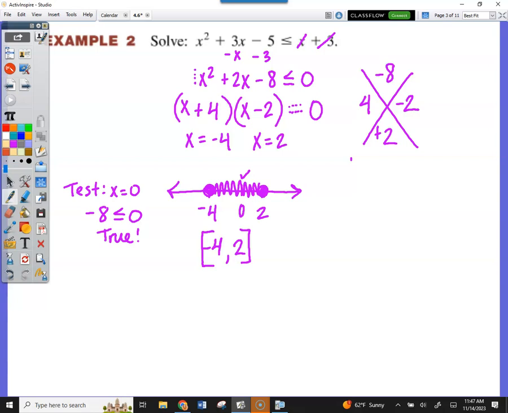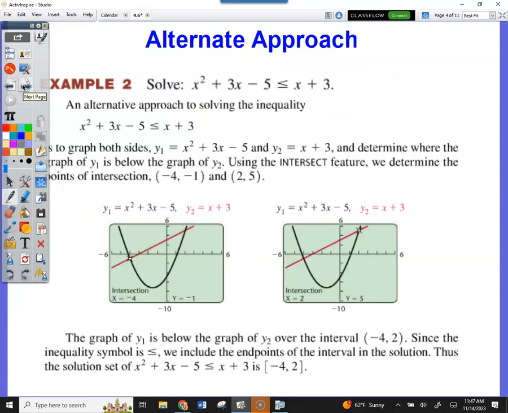You will notice it's the same polynomial. Notice it's the exact same polynomial that we just did, right? The way that we did it was we moved everything to one side, we put it in the calculator, checked the picture, then we solved it algebraically. There's a second technique.